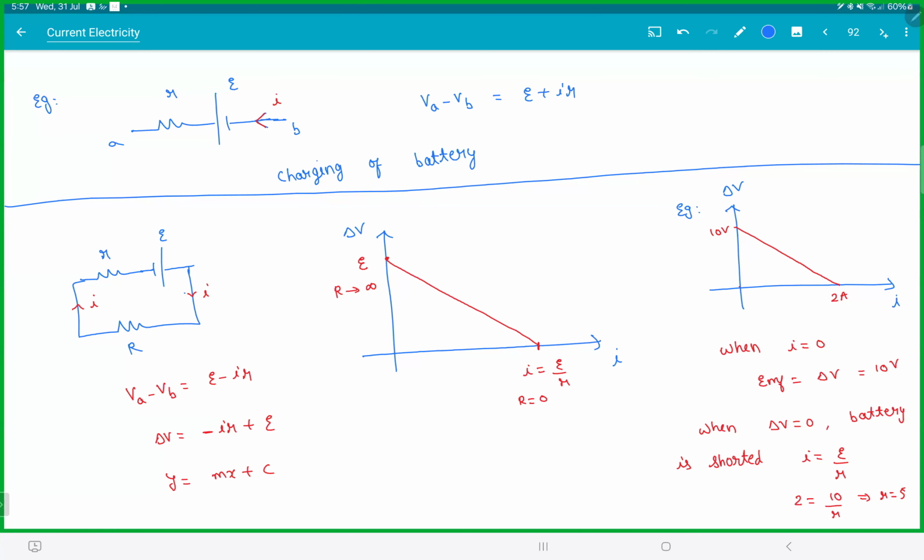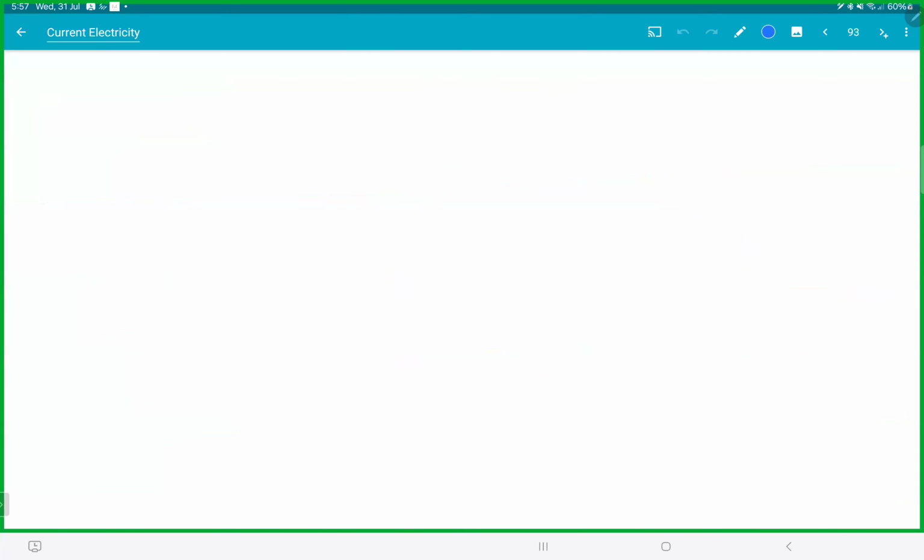Next thing. Combination of cells. What happens if you keep these cells in series or parallel? The first thing, series.